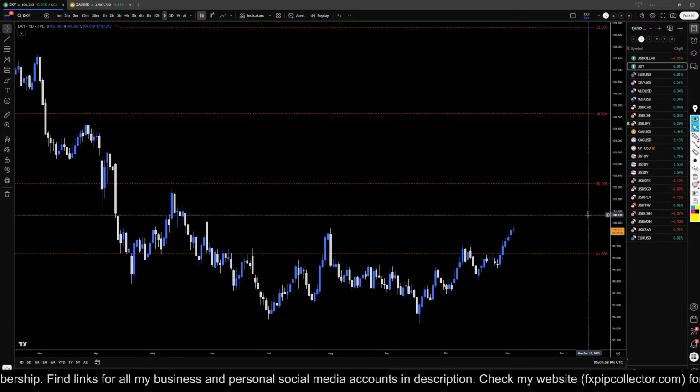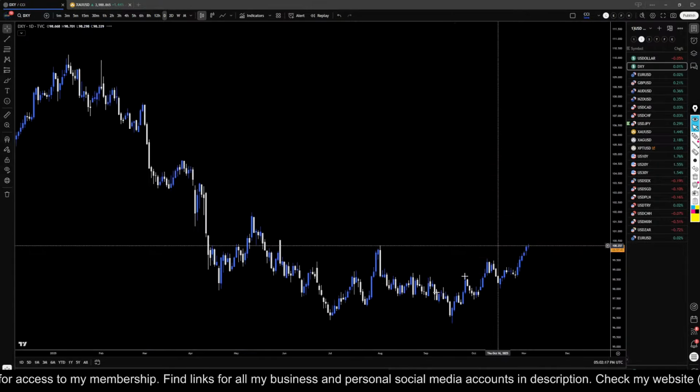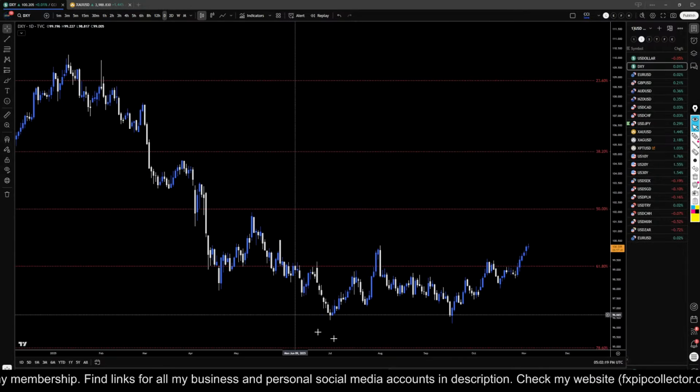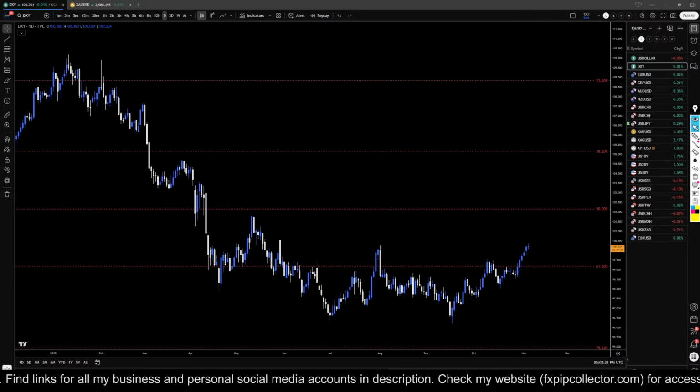It's 57% weighted to the euro dollar, which makes it look exactly the same as the euro dollar, but in reverse. If you overlap the euro dollar on top of the DXY and then invert the euro dollar, it's pretty much exactly the same chart. That's why I think that when you're trying to trade all six of these dollar pairs, using the dollar index is probably the best bet.